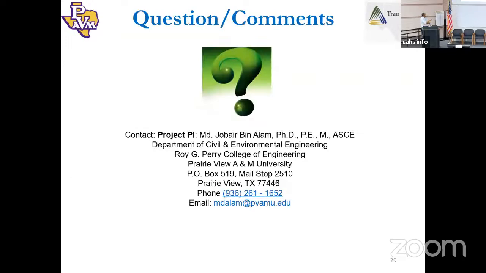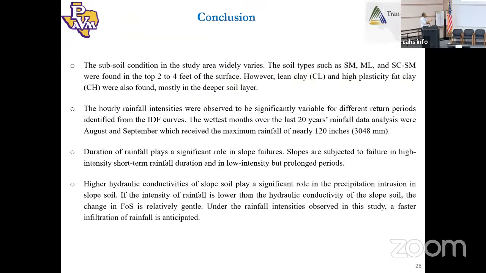And a higher hydraulic conductivity of the slope soil plays a significant role in the precipitation. Now, we actually didn't do any hydraulic conductivity test in this research. It takes a lot of time to determine the hydraulic conductivity, but we used some correlation to determine, if this is the soil, then what is the typical hydraulic conductivity of the soil.